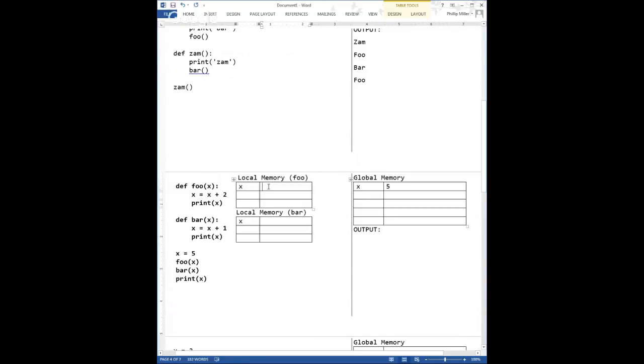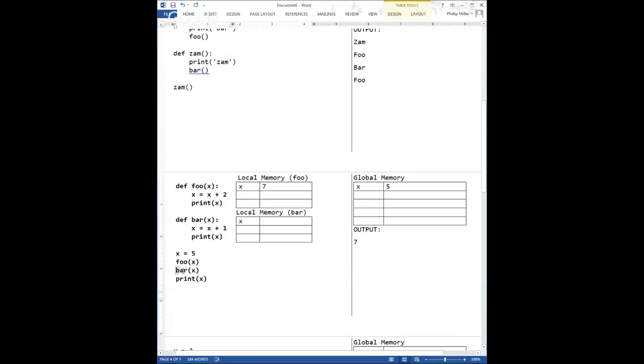So its x parameter is being initialized with the value 5. And then we can execute its first instruction, x plus 2. Always look local first. So this local x is 5 plus 2 is 7, gets stored in x. And then we're going to print that. So that's going to print 7. And then this function is finished, so it's going to return to where it was called from.